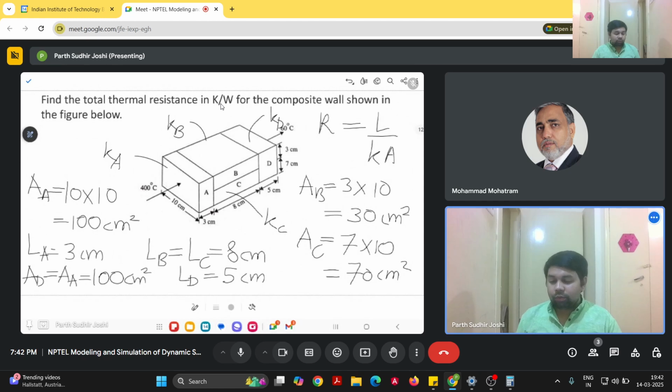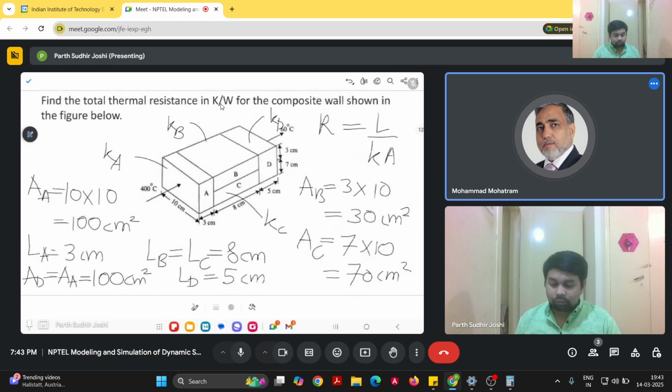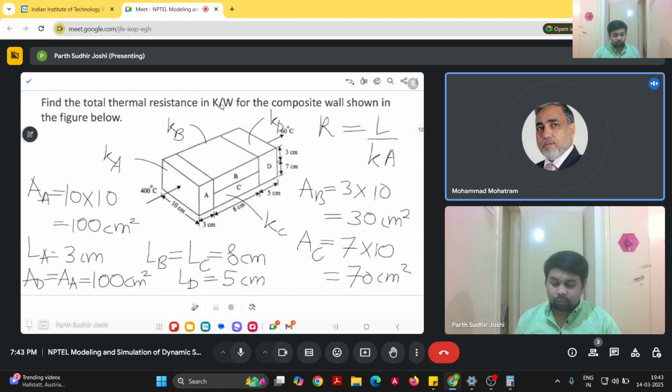Now we have to find out the total thermal resistance. So how do we find the total thermal resistance in this case? Any idea? I think we need to see how the heat is flowing, whether they are in series or in parallel.